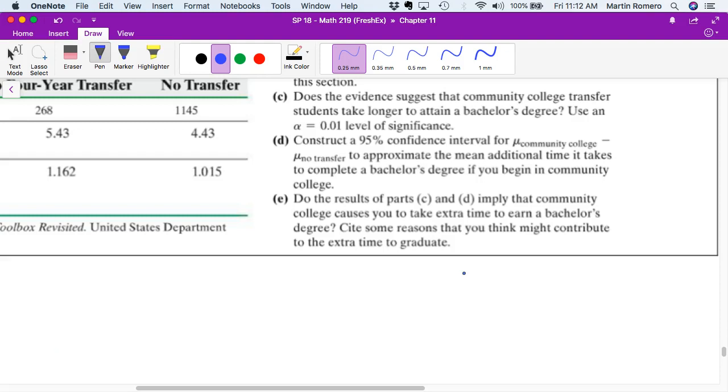This is just observational data. Community college students may be working more hours, which does not allow them to take classes. So it doesn't mean that community college causes them to take longer. It could be the factors around why you're in community college, why it takes you longer. So community college is not necessarily the reason why. It could be the factors related to that. And that's it.